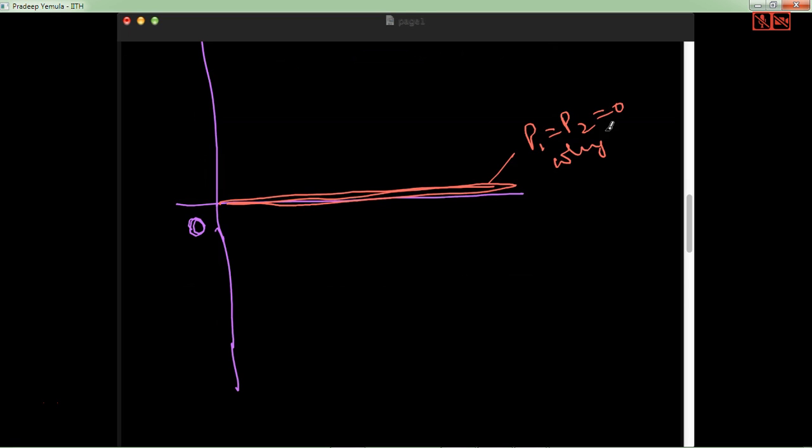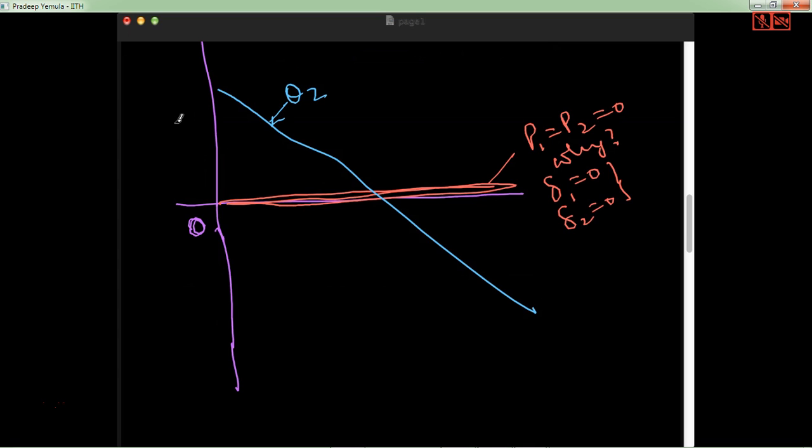Why? Because delta 1 is 0, delta 2 is 0. There is no difference between the angles, so the power is always 0. Whereas Q2, this is Q2. So Q2 is positive and Q2 is negative, and here I think it is 1.0. E2 magnitude is 1.0. So like this.